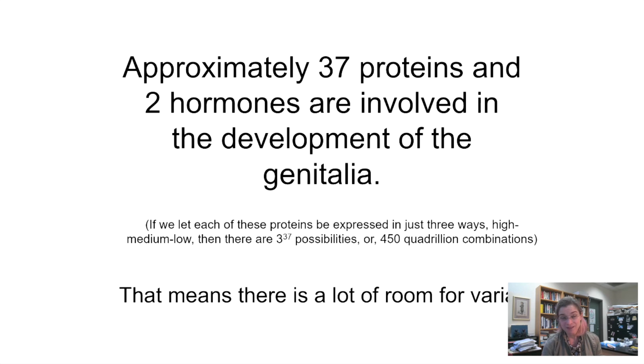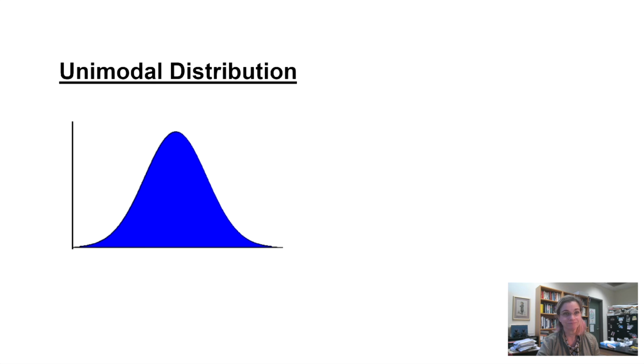What that means is that there is a lot of room for variation in how the gonads and the external genitalia form and what they look like.